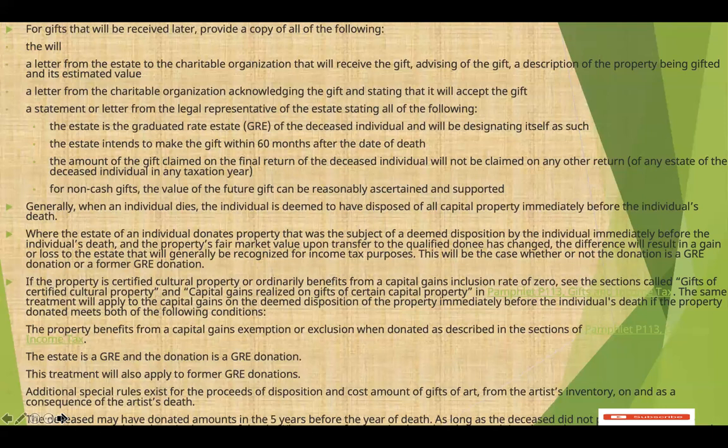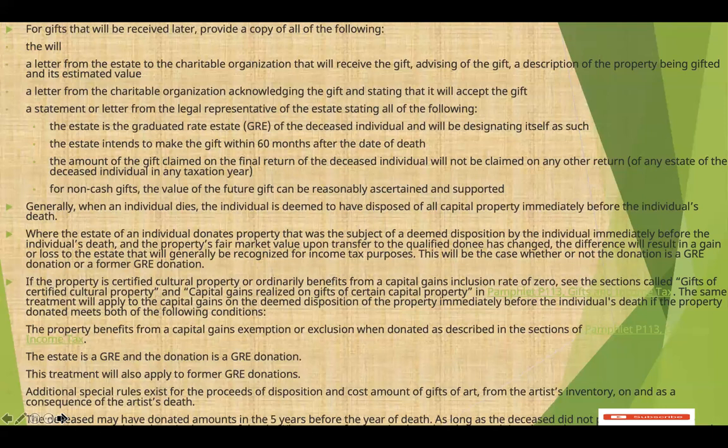So generally, when an individual dies, the individual is deemed to have disposed of all capital property immediately before the individual's death. When the estate of an individual donates property that was the subject of a deemed disposition by the individual immediately before the individual's death, and the property's fair market value upon transfer to the qualified donee has changed, the difference will result in a gain or loss to the estate that will generally be recognized for income tax purposes.